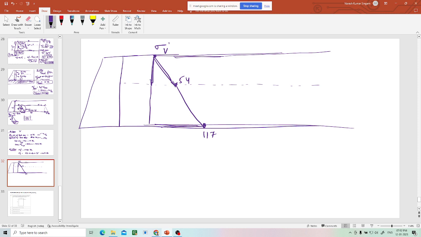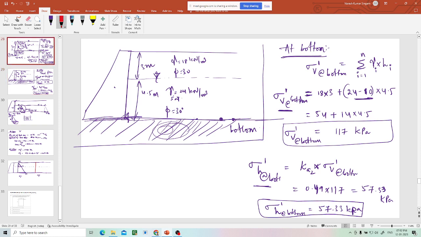So this is the diagram of sigma V dash. So I'll draw sigma H now. Sigma H diagram. Sorry, total sigma, right? So at the top it is 0. At this point, how much?